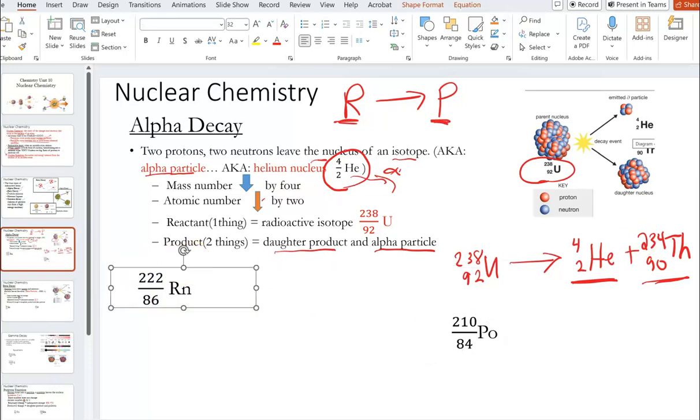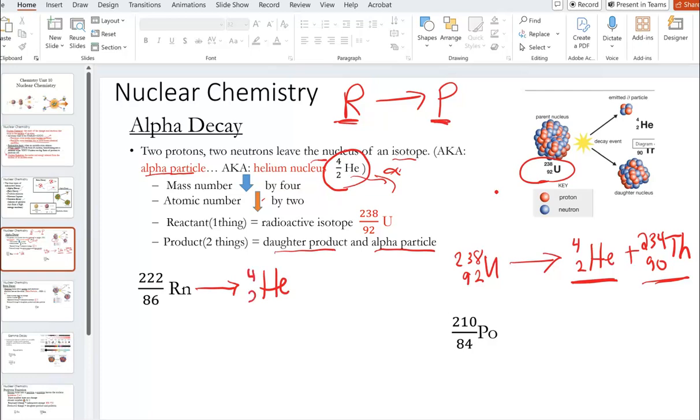Okay, so let's start with Rn, which is radon. This guy is going to decay through alpha decay, so I'm just going to automatically write my arrow. It's alpha decay, so I know for sure it is going to produce an alpha particle, so He4 and 2. And now I have to figure out the daughter product. So my mass number goes down by 4. So 222 minus 4 is 218.